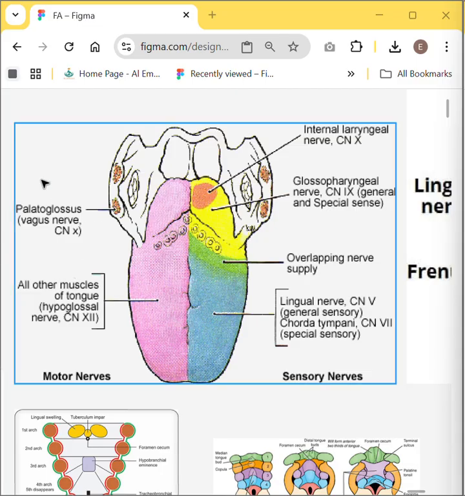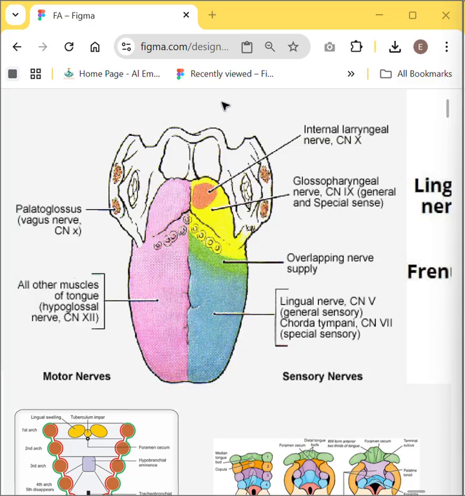Palatoglossus is the only muscle that's innervated by cranial nerve 10, which is your vagus nerve, and this is supplied through the pharyngeal plexus. So through the pharyngeal plexus, the vagus nerve innervates the palatoglossus. Otherwise, all the intrinsic and extrinsic tongue muscles are supplied by cranial nerve 12, which is basically the hypoglossal nerve.